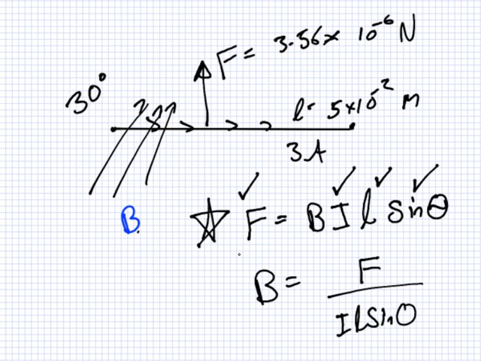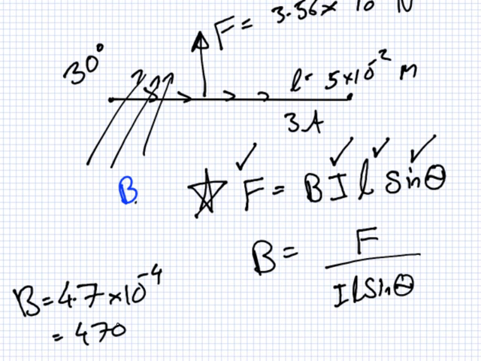So B is 4.7 times 10 to the minus 4... Minus 4. Here, what's the F? 3.56. Okay.